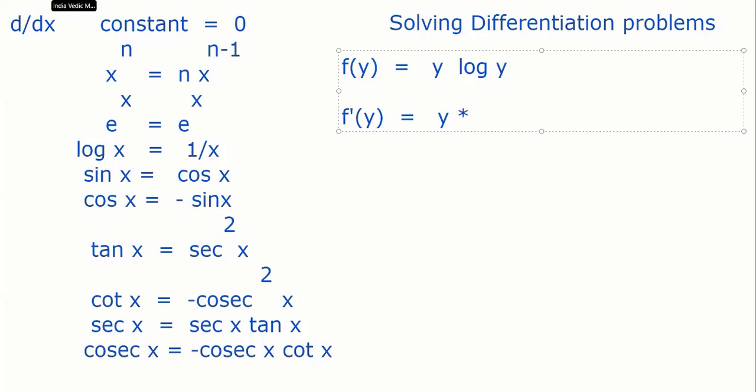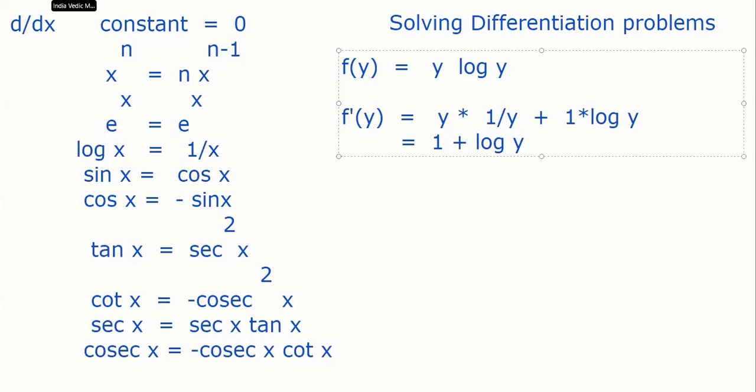What is the differentiation of log y? 1 by y. Plus differentiation of first function times second. So finally, y into 1 by y is 1, plus log y. See how easy it is? 1 plus log y is the differentiation of y log y.